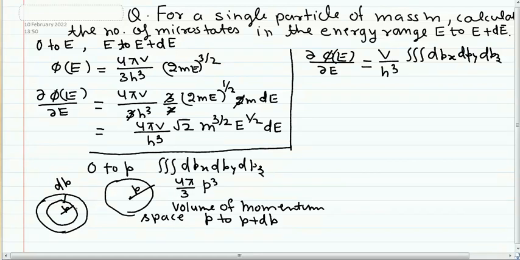The inner sphere has the radius p, and the outer sphere has the radius p plus dp. And it is asking the volume within the range p to p plus dp. It means here it was this volume, the complete volume for 0 to p. But now we have to calculate only this volume for p to p plus dp. And what will be this volume?